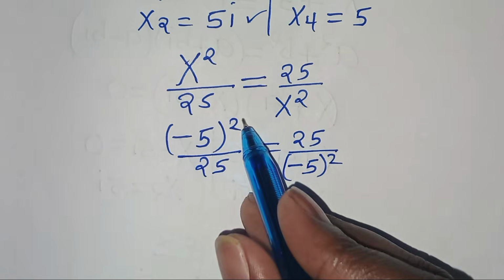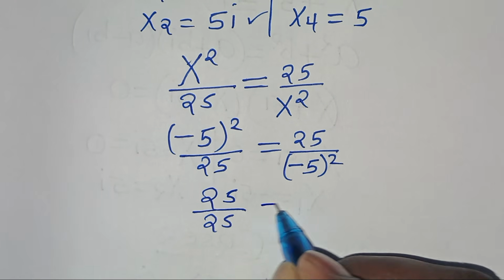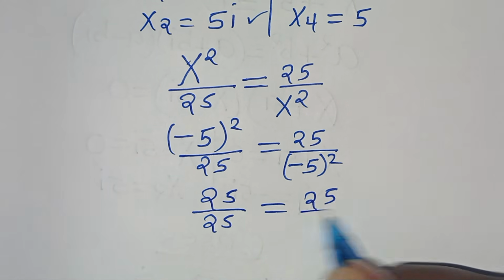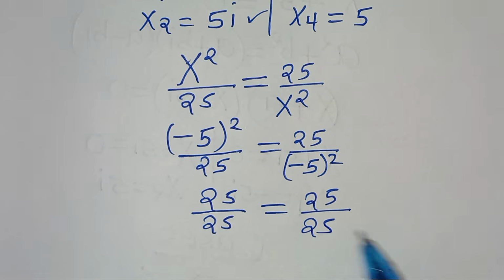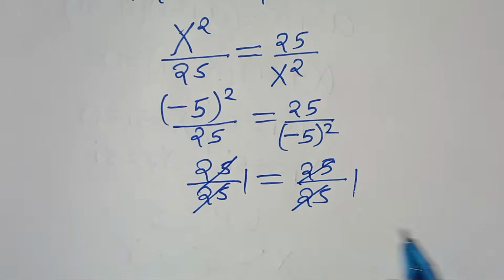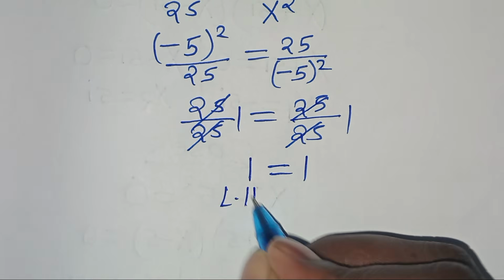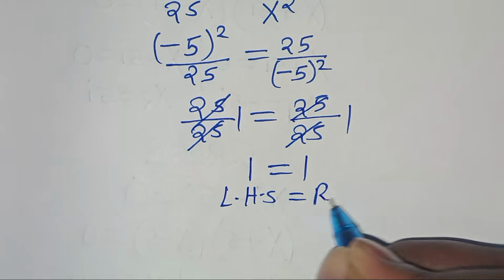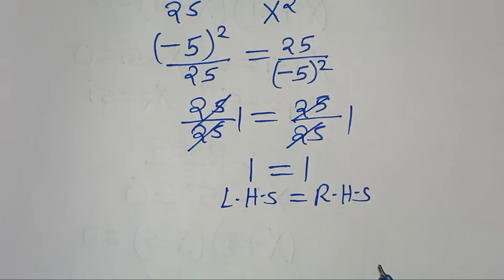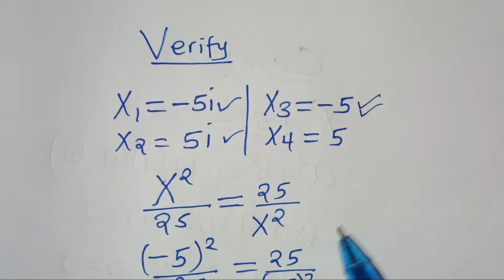So minus 5 squared is 25, divided by 25, which is equal to 25 divided by 25. Let's simplify 25 and 25: this is 1 and this is 1. So we have that 1 is equal to 1. This implies that the left hand side is equal to the right hand side, and this proves that x3, which is negative 5, satisfies the equation.